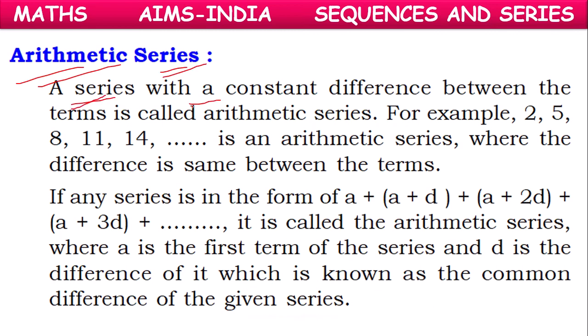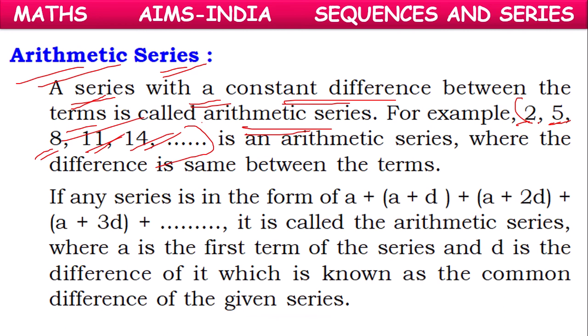A series with a constant difference between the terms is called arithmetic series. For example, 2, 5, 8, 11, 14. Suppose we have a sequence like this.